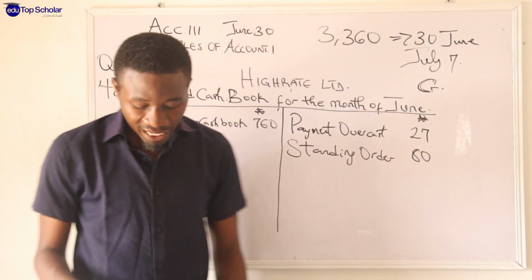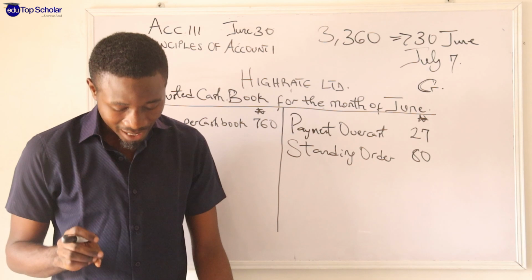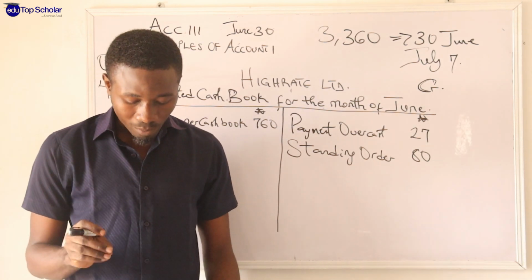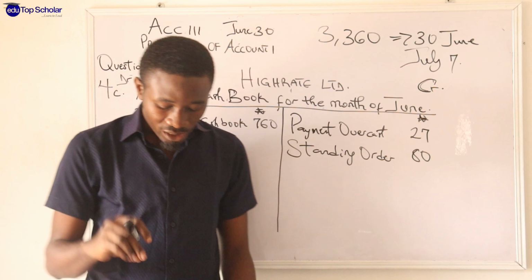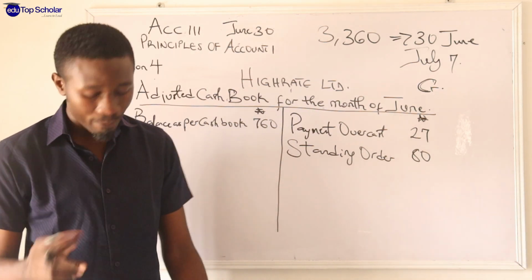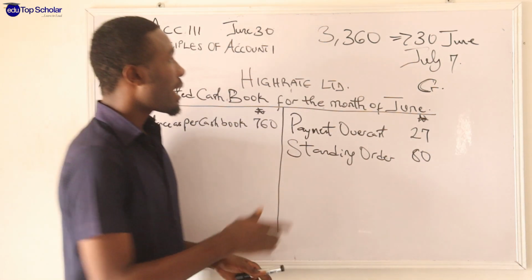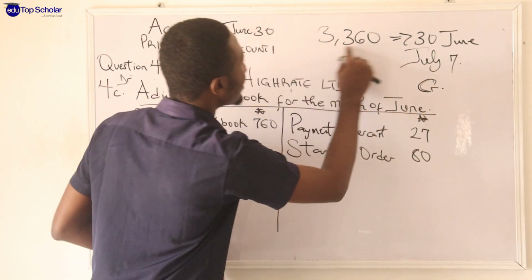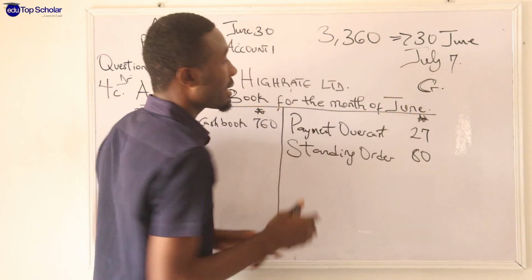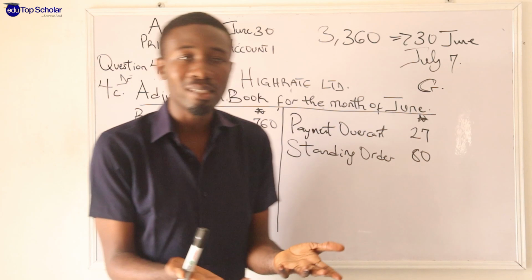The next one says a check of 3,360 naira received from customers was paid into the bank on June 30, but this was not reflected on the bank statement. So we had a payment of 3,360 naira to us and the person paid by check.